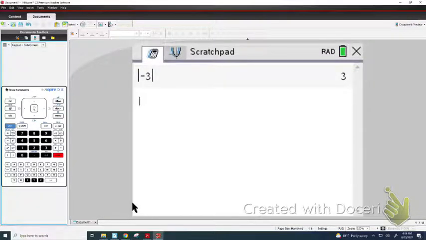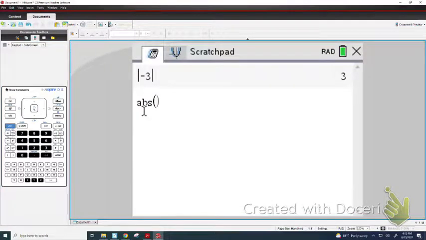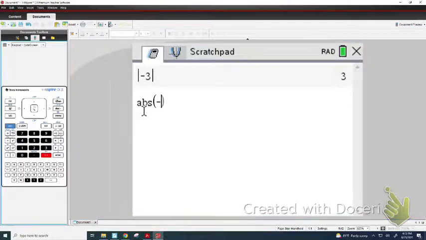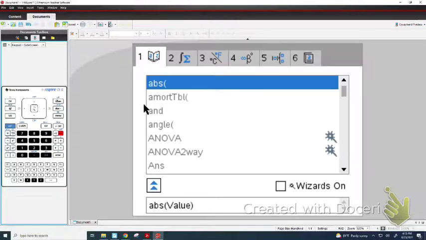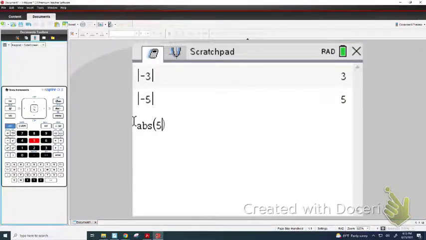Whatever's inside the bars comes out as positive. Another way to get absolute value is if you click the book right here, it's the very first function. So there it is. -5 gives me +5. Or if I take the absolute value of a positive, it still gives me a positive.